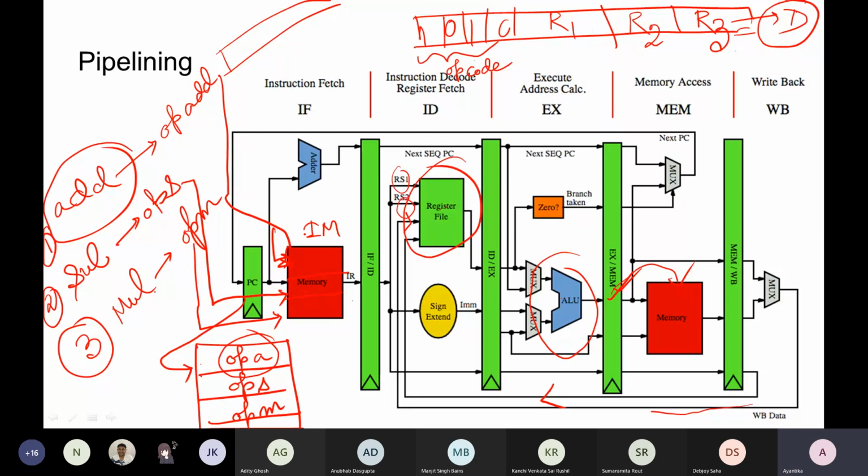Okay. So in case of pipelining, the instruction execution steps are divided into 5 steps. One is instruction fetch, one is instruction decode. Instruction fetch means you are fetching the instruction, these 10 values, from your instruction memory.